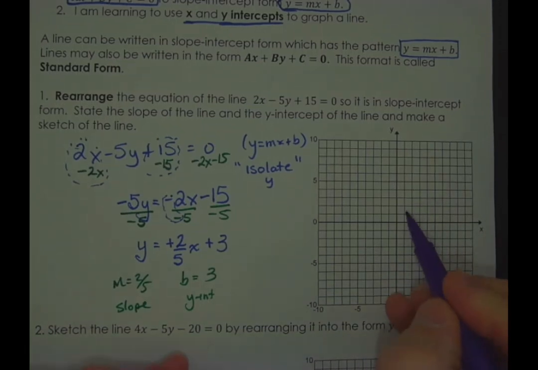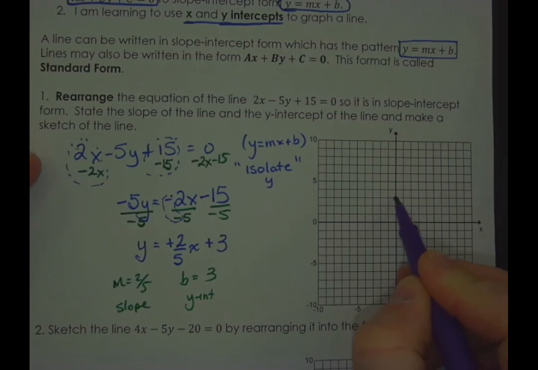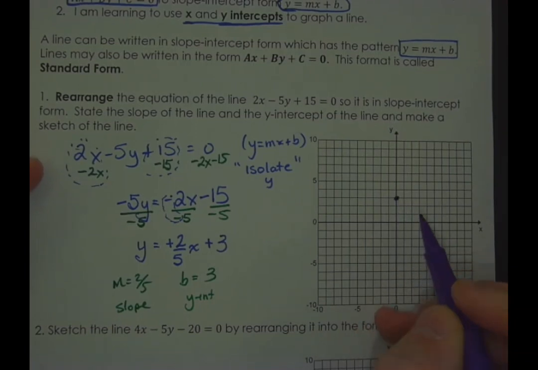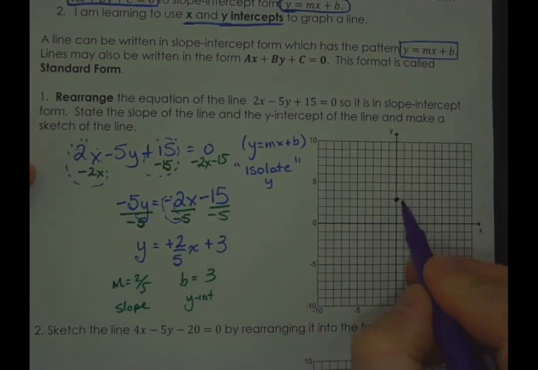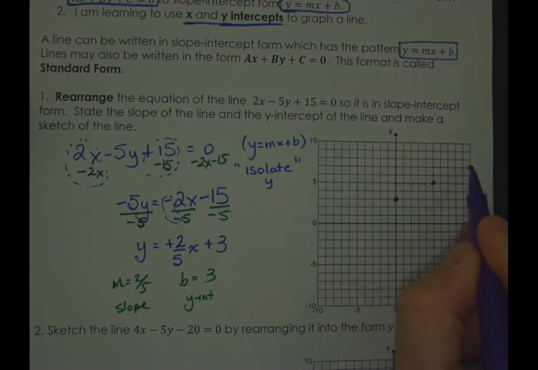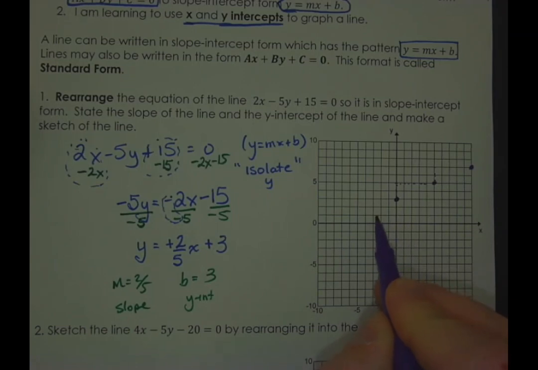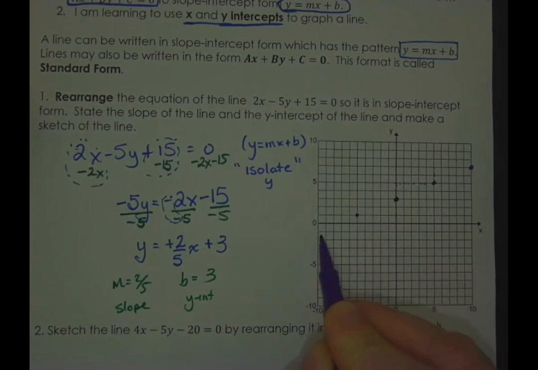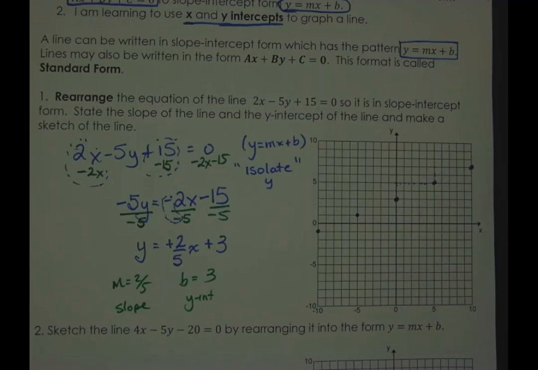We would start off at y-intercept of 3. And we know our slope is 2/5, so that means you go up 2, right on the 5, I can make a point, up 2, run 5. And I can continue the pattern going the other way. And then I can draw my line.